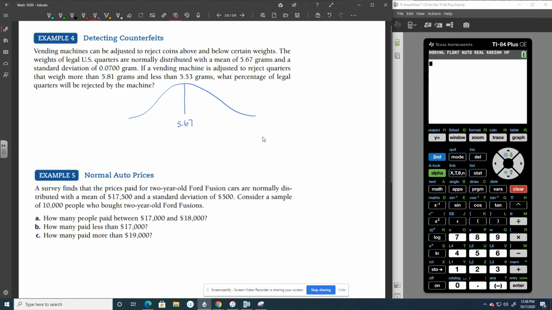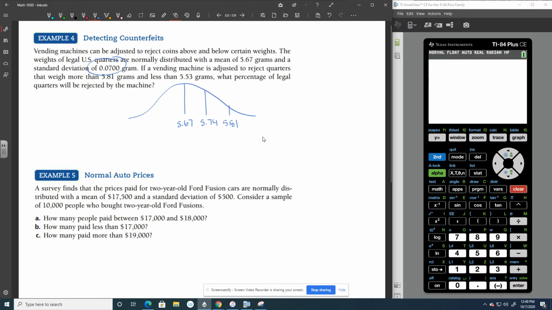Before I finish, I'm going to draw my picture while I've got this number in my head, this 0.07, that's my standard deviation. So 1 standard deviation to the right, I've got to add 0.07, so this is going to be 5.74. And 2 standard deviations to the right is going to be 5.81.